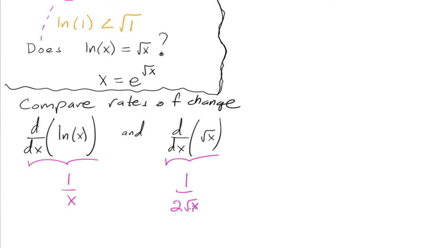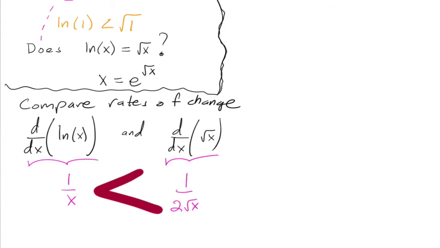For values of x greater than 1, what do you notice about the rates of change? Which one is bigger? Yeah, 1 over 2 root x is greater than 1 over x, right? So what this tells me is that square root of x is increasing at a faster rate than ln of x for all values of x greater than 1, right?